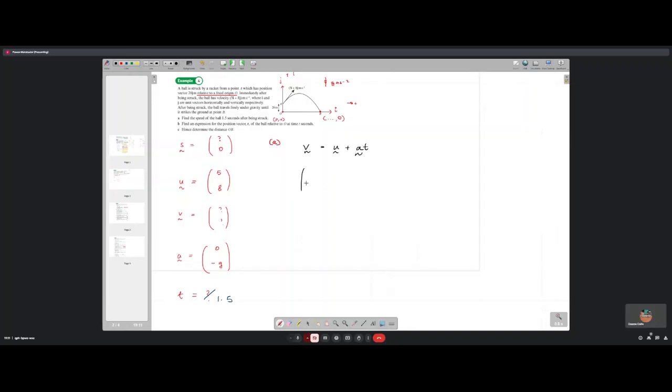Notice we don't know what v is. u we know is the column vector 5, 8, plus the acceleration vector, which is 0, minus g, and then we put 1.5 there. So then v will just be 5, and then 8 minus 1.5g. So this is your velocity vector. Does that make sense? So you understand how I work this out?